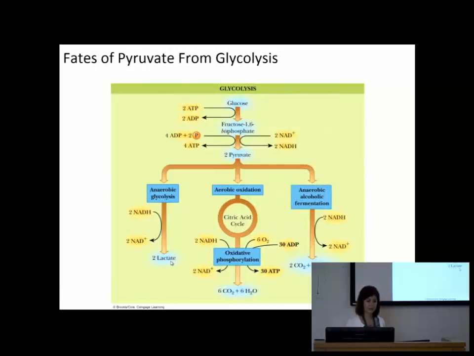Although there's some thought that it's not the lactic acid that causes your muscles to hurt, it's just the acid conditions around your cells. But anyway, if you're working out anaerobically, we're only doing it to produce this.